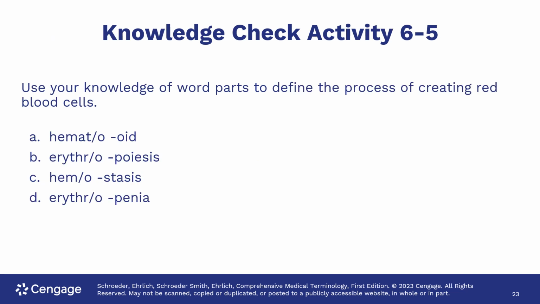Which one is the creation of red blood cells? So let's see what we're looking at for in a term. Heme is blood. So we could be talking about anything in terms of blood. Eryther is red. That's more specific to what we're looking for.